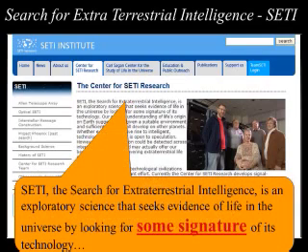So what are they looking for? Here's what they say. SETI, the search for extraterrestrial intelligence, is an exploratory science that seeks evidence of life in the universe by looking for some signature of its technology. So they're looking into outer space for some signature of the technology of an intelligent civilization.